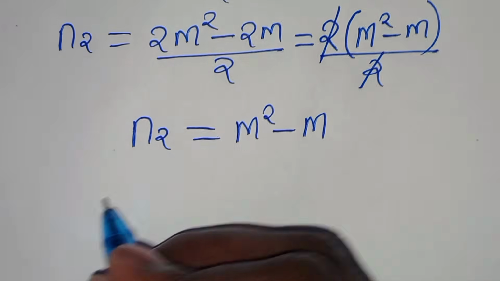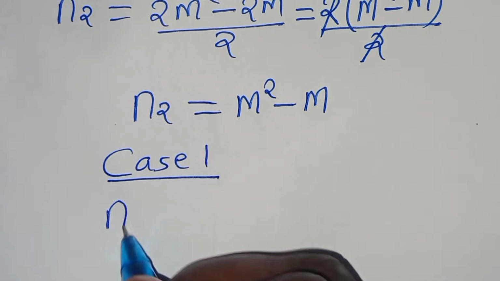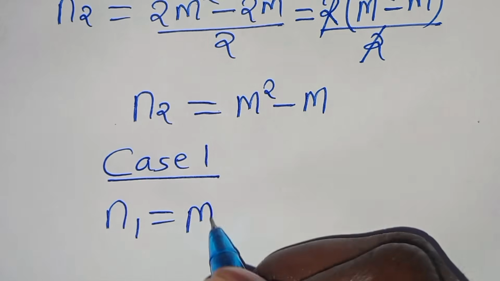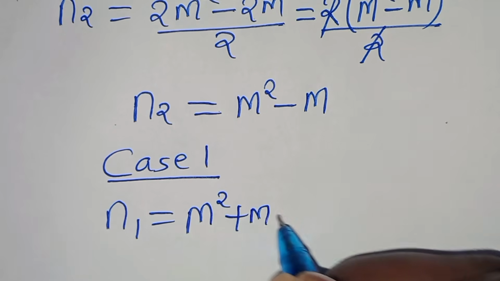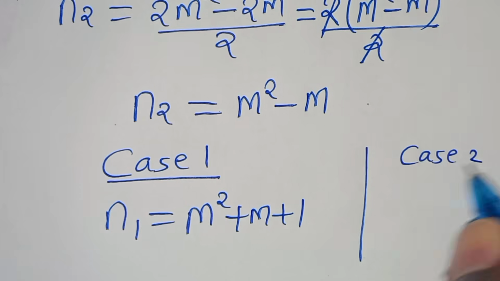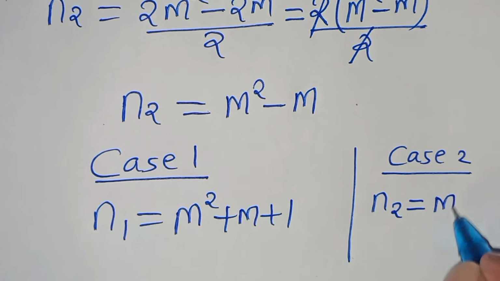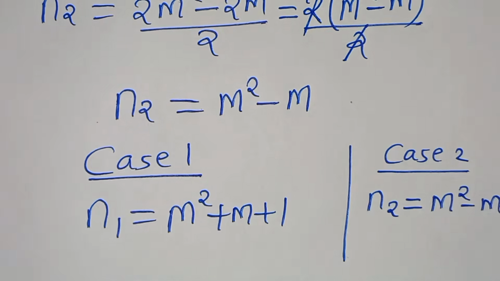Now we have in case 1, n1 is equal to m squared plus m plus 1, and in case 2 we have n, that is n2, is equal to m squared minus m.